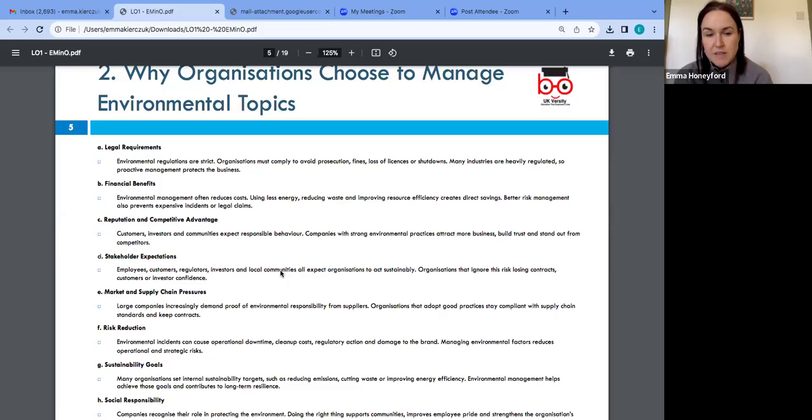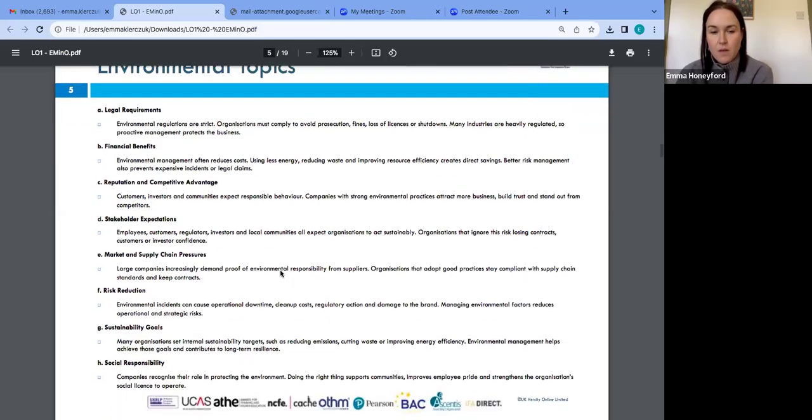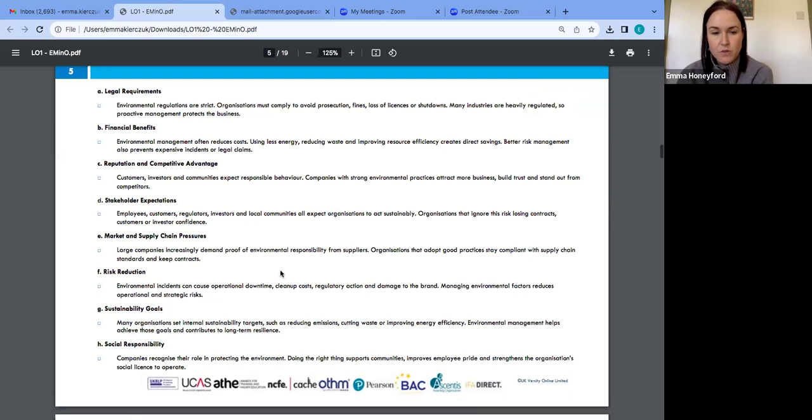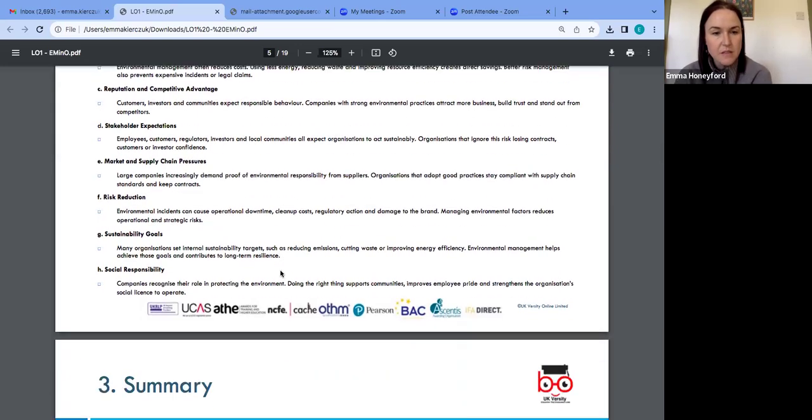Then, separate to sustainable development plans, an environmental management system may be put in place as well. But the environmental management system will look different depending on what the organisation does on a day-to-day basis.